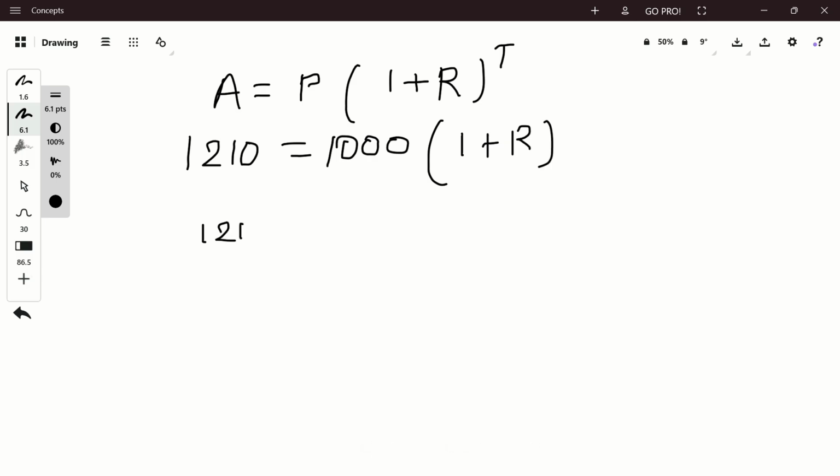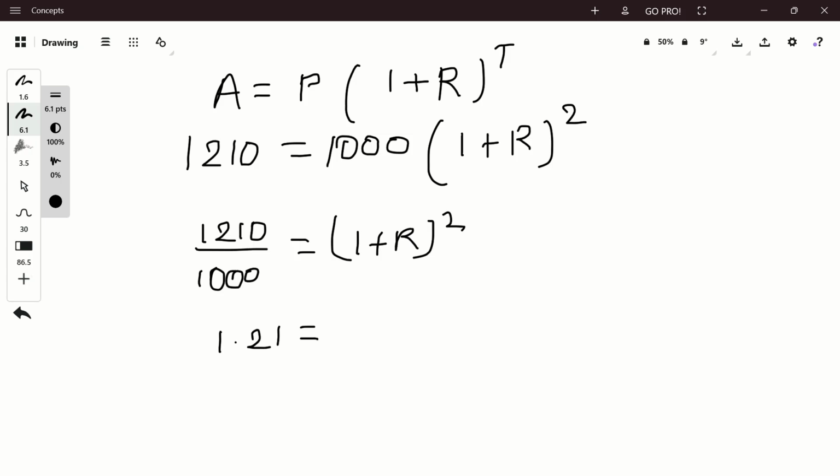That is 1210 upon 1000 is equal to (1 plus r) to the power 2. That is 1.21 is equal to (1 plus r) squared, so root 1.21 is equal to 1 plus r. That is 1.1 is equal to 1 plus r.